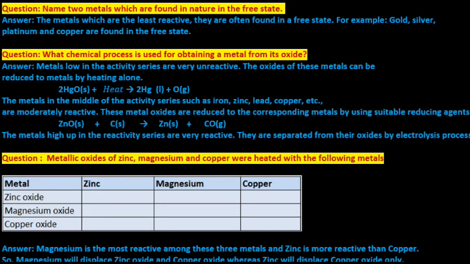Next question. Metallic oxides of zinc, magnesium and copper were heated with the following metals: zinc oxide plus zinc, magnesium oxide plus magnesium, copper oxide plus copper. In this way they are heated.